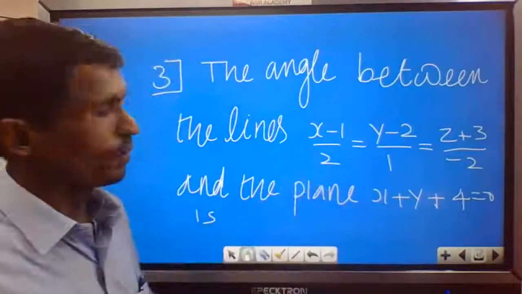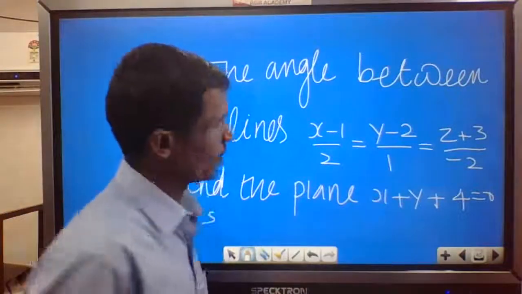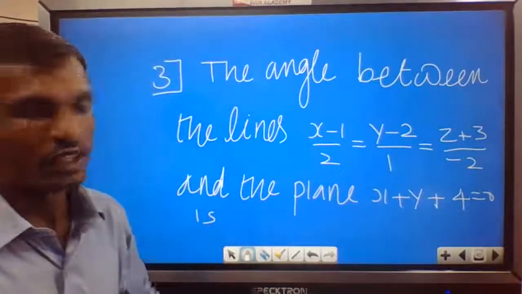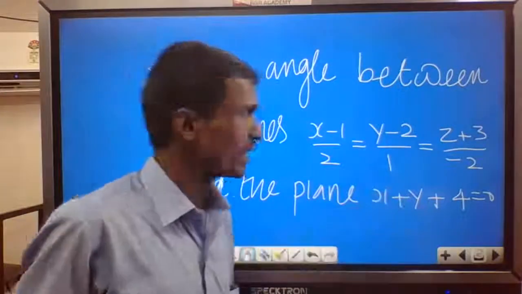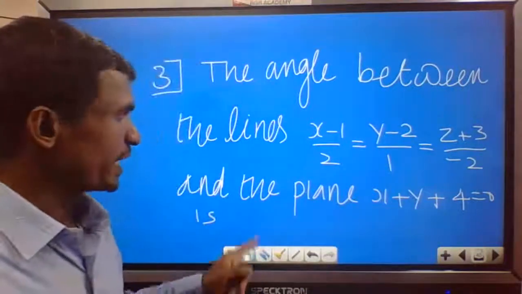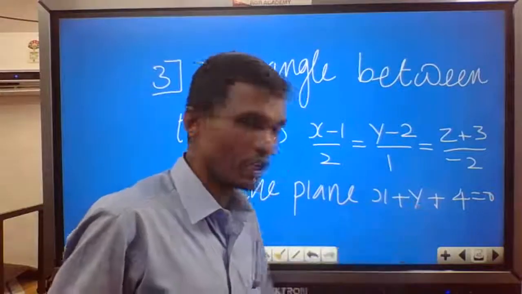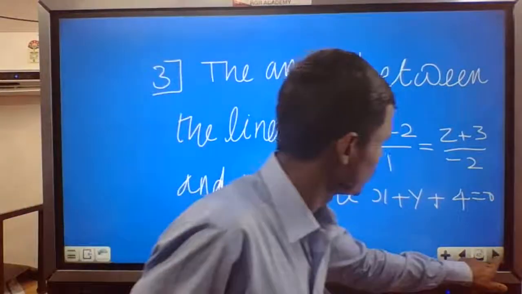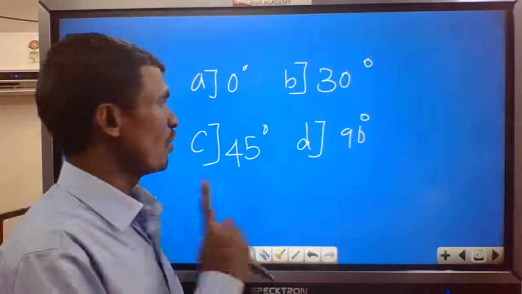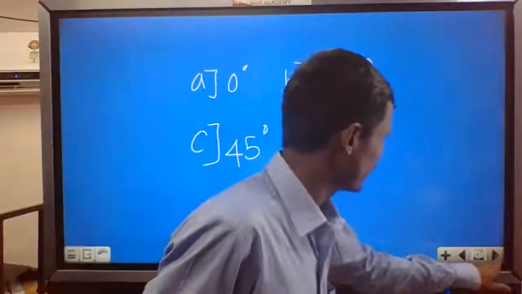Once again, read the problem. The angle between the line (x − 1)/2 = (y − 2)/1 = (z + 3)/(−2) and the plane x + y + 4 = 0 — the options are 0 degrees, 30 degrees, 45 degrees, 90 degrees.